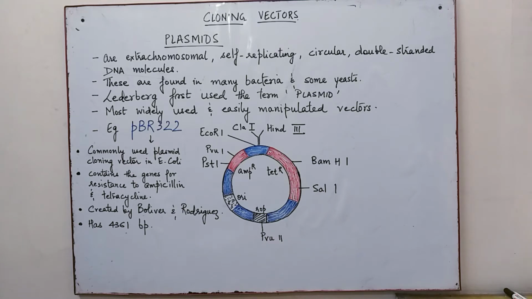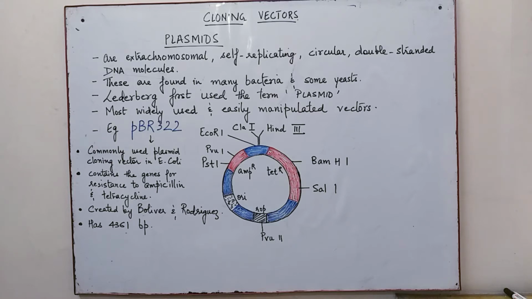So when we talk of these things in the cloning vector, a few other points are important. When we talk of plasmids, as told, plasmids and bacteriophages are the most preferred cloning vectors for our DNA technology. These are extrachromosomal, that means apart from the normal genome they are present over there, and they are self-replicating, that is, independent of the replication of the main genome.